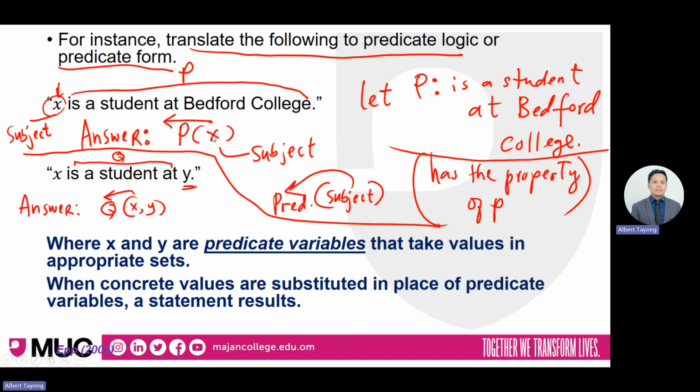The first one is X has the property of P. P is a student at Bedford College. That's our sentence. For the second one, Bedford College is deleted, changed to Y. So we now have two variables, X and Y. We start with the subject, then we go to the left. X is a student at is Q, and comma, the second variable, Y.